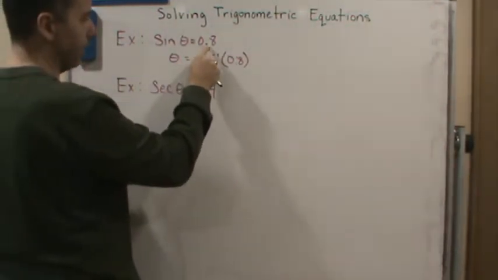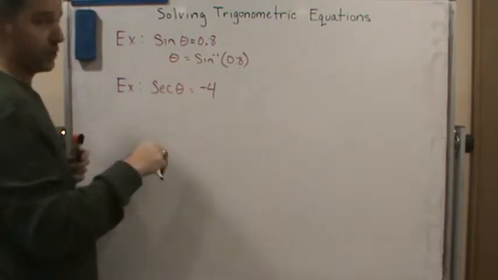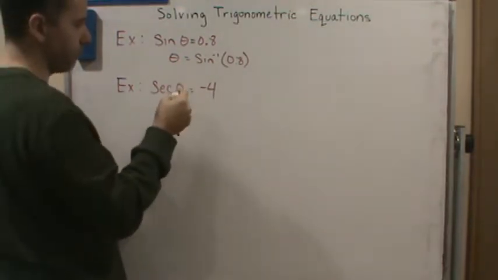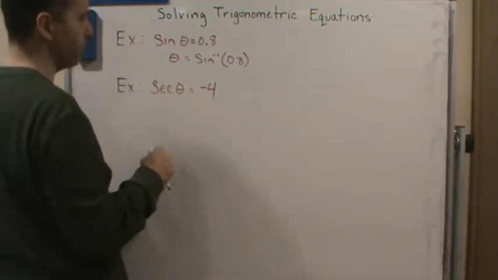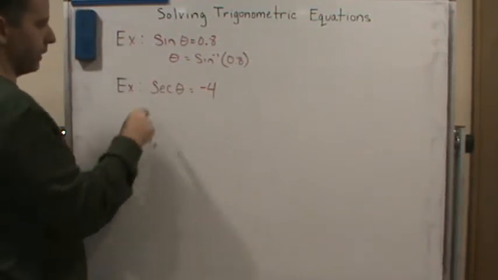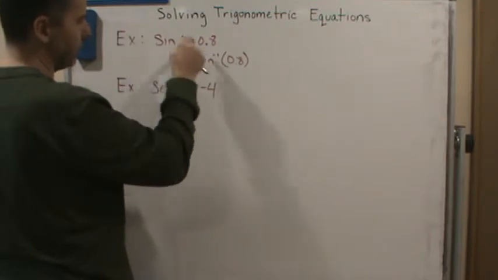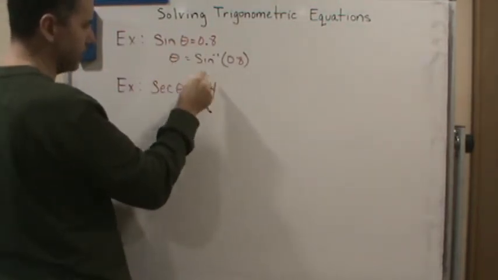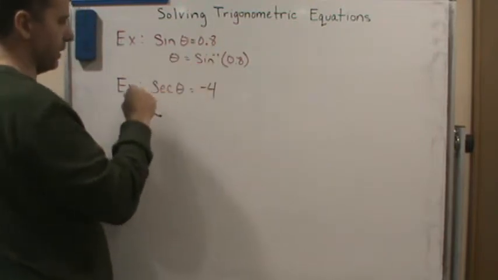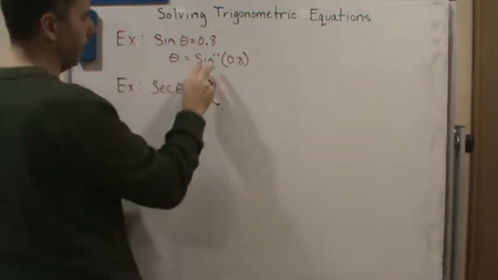By the way, this is a ratio, so this is in radians, so make sure your calculator is in radian mode. Since we're dealing with a ratio, we want to have our calculator in radians, and then we can convert to degrees later.